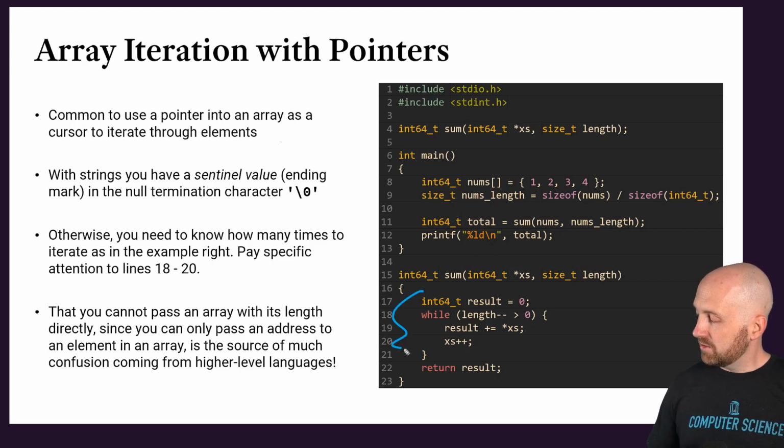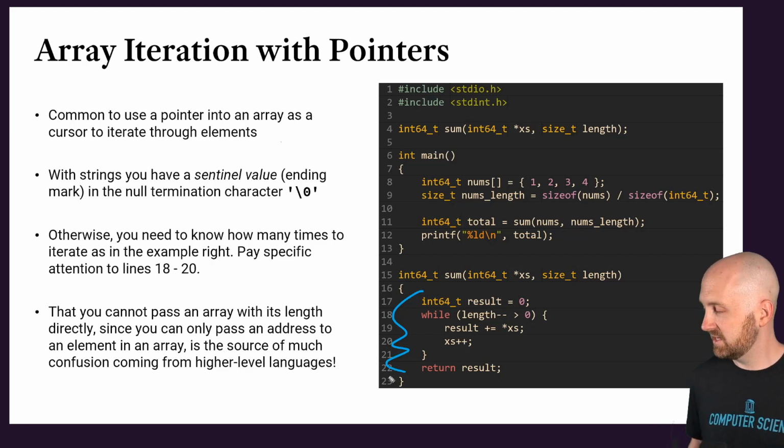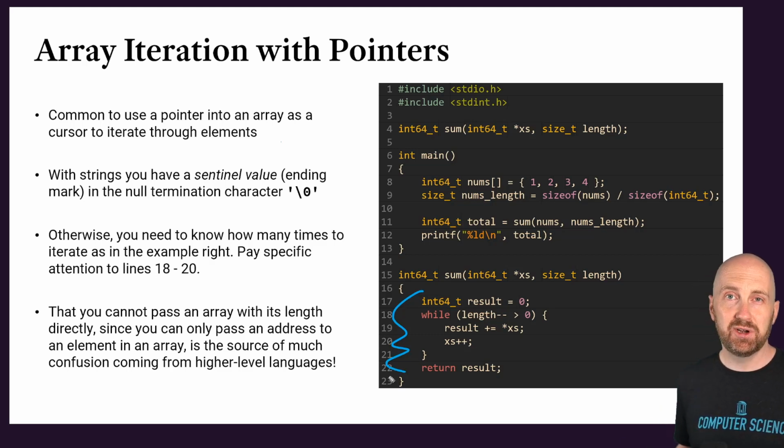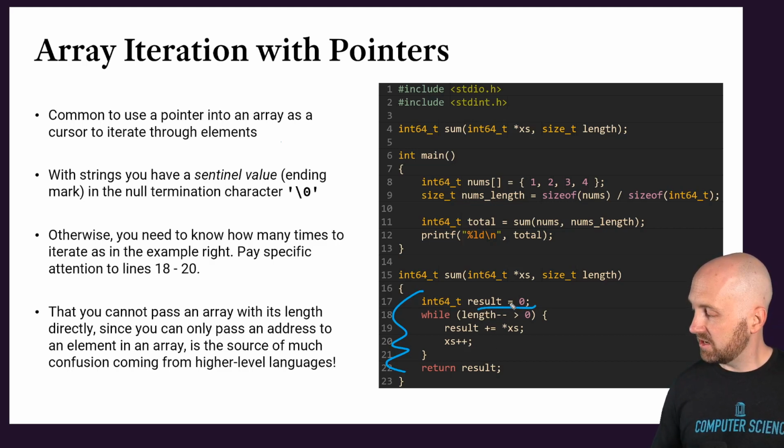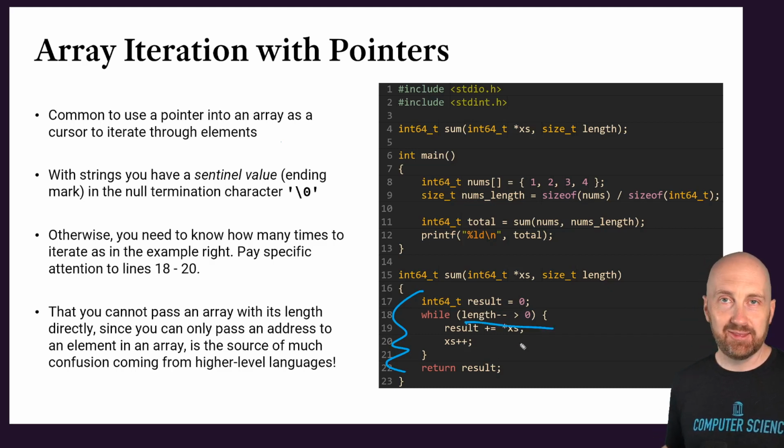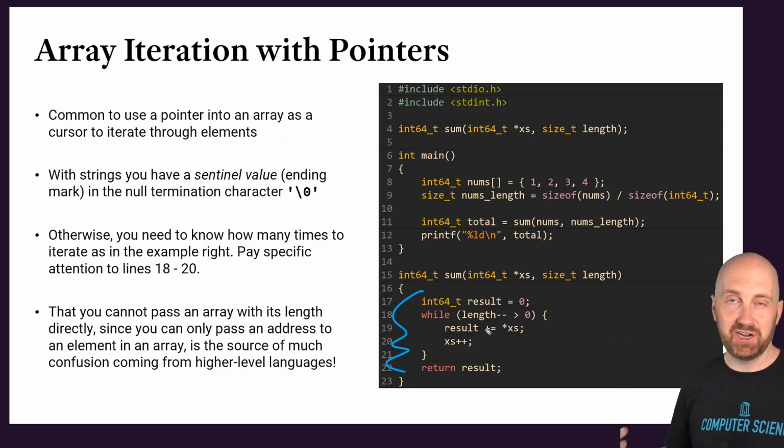And when we look at what's going on in this code, notice that we're changing this pointer. So we're doing some pointer arithmetic. We're saying, okay, we want to initialize our sum result to be 0. And while length, which is the number of elements we need to process, minus minus, so we're subtracting from length after this expression evaluates, is greater than 0.